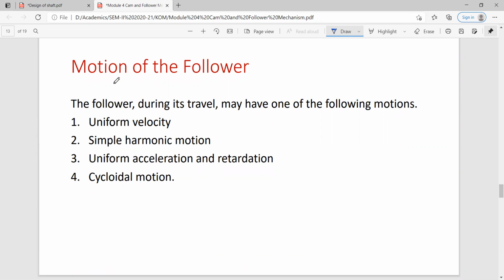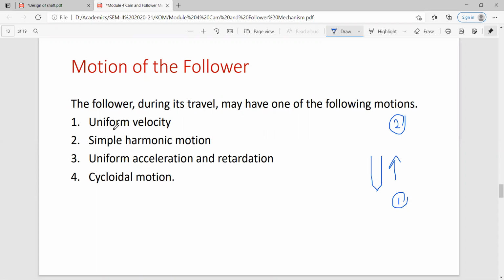There are different types of motion which are possible to be given to the follower, such that when a follower moves, say, from its position 1 to its position 2, these are the conditions of motion.